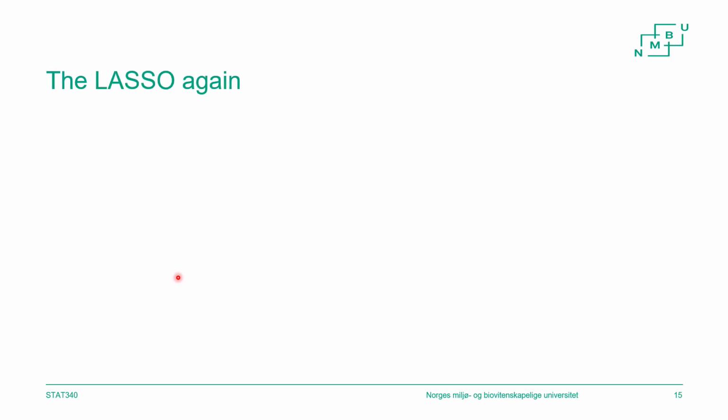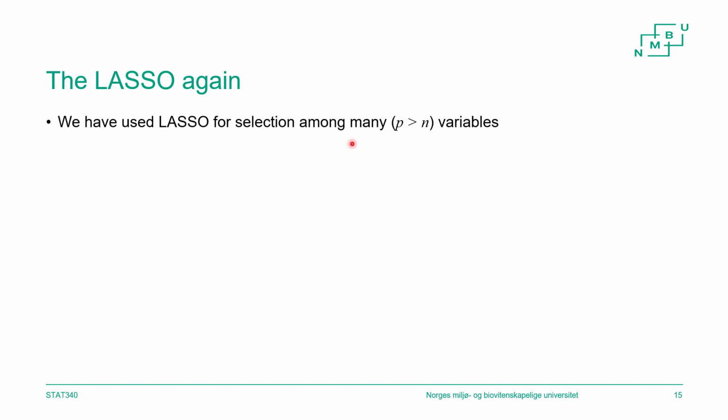What do we do in those cases where we have super many predictors, or we can actually use it all the time, but especially in those cases? Well, we can use the lasso again, that we saw earlier. If we have p larger than n variables, especially then, this is really convenient.